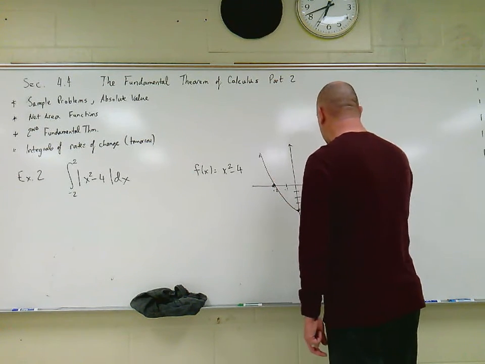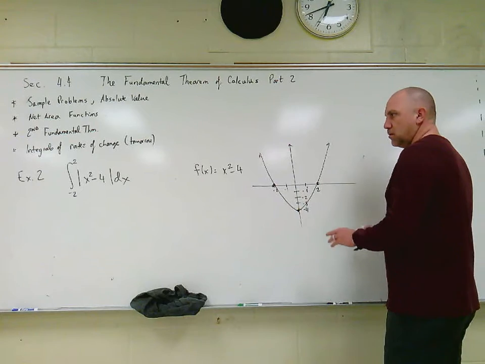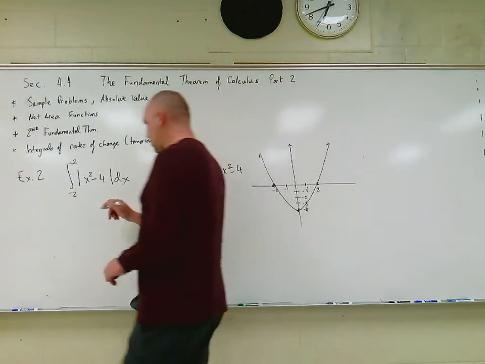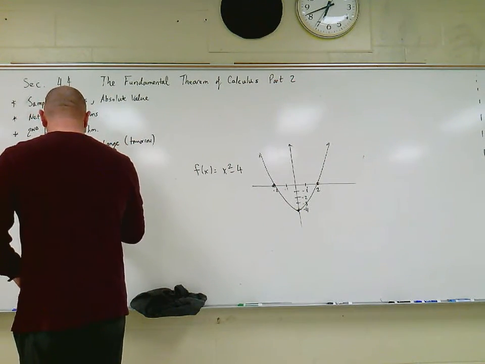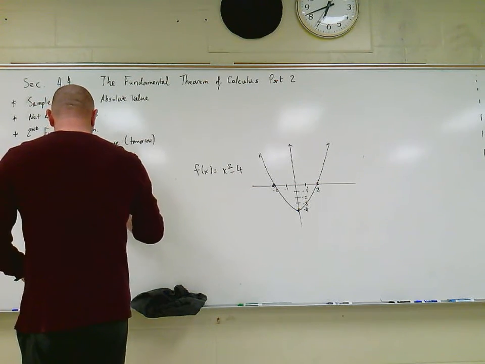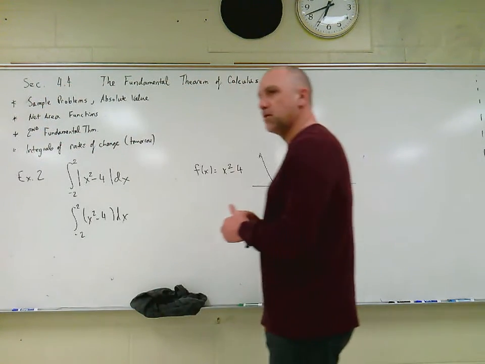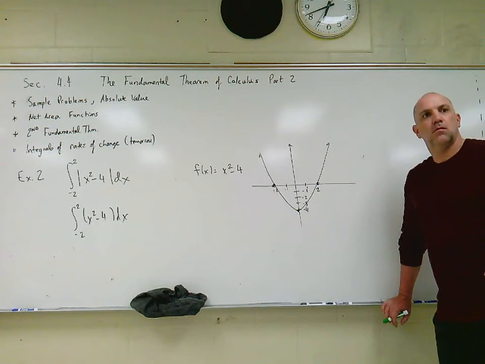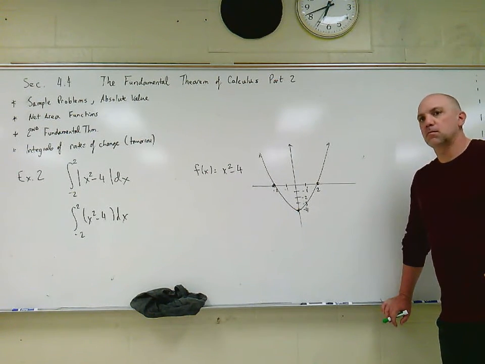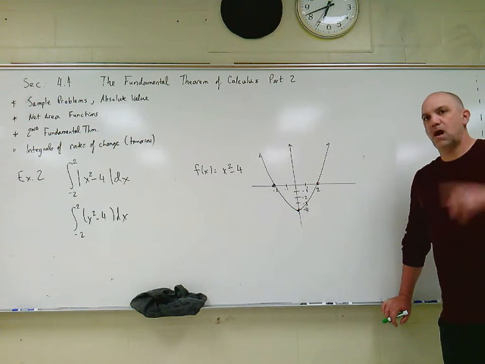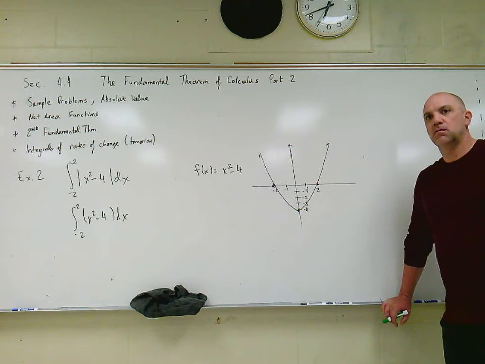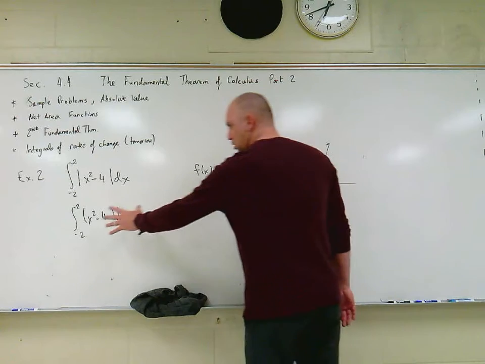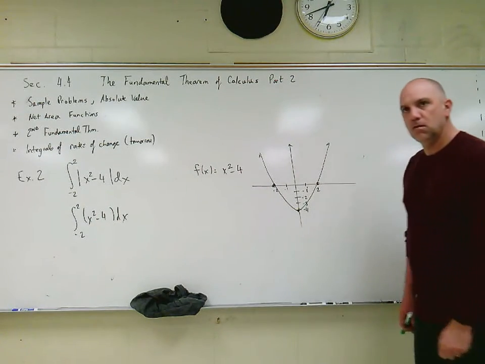Okay. So, right now, if I didn't have these bars, if I had this problem, we would be finding what? The area where? Ivan, where would we be finding the area? So right here, if this was the question, where would we be finding the area?